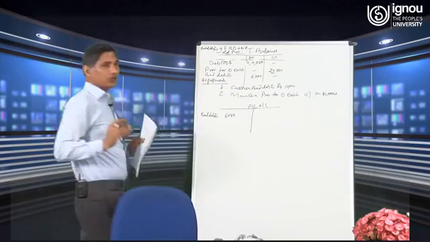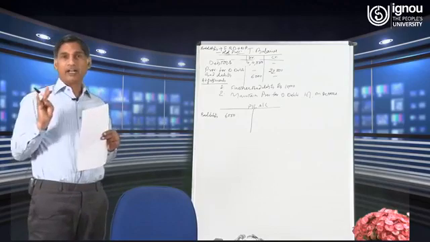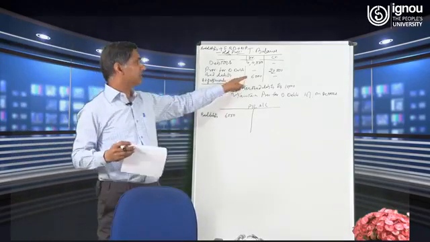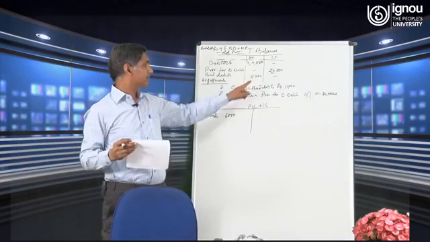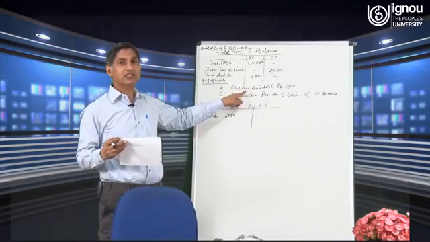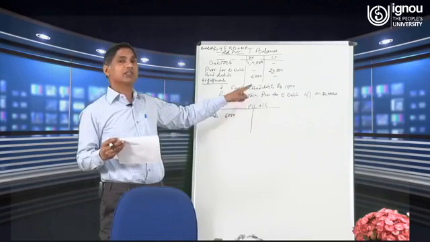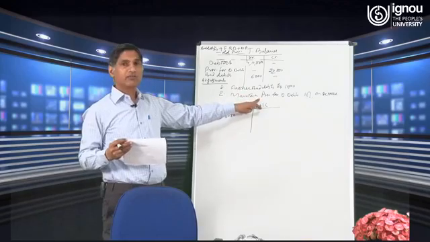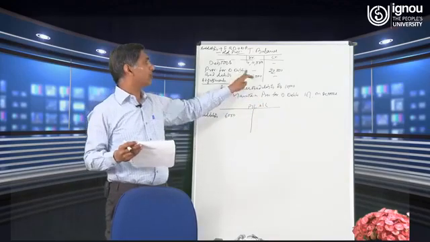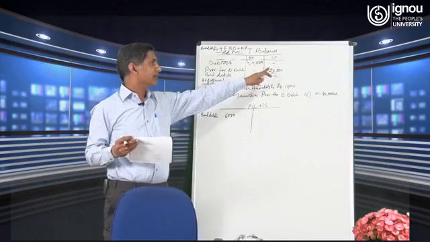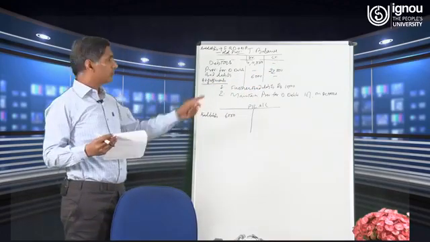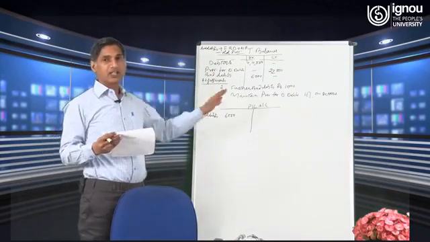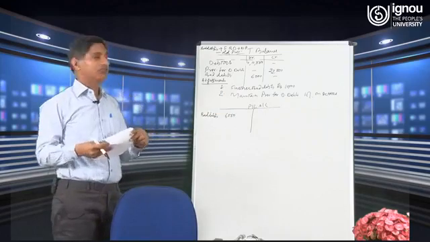If they follow this equation, that is bad debts which is given in the trial balance, plus further bad debts which is given in the adjustments, plus new provision we have to maintain, minus old provision. So old provision is given in the trial balance. So now you see how this transaction will be recorded while preparing the financial statements.